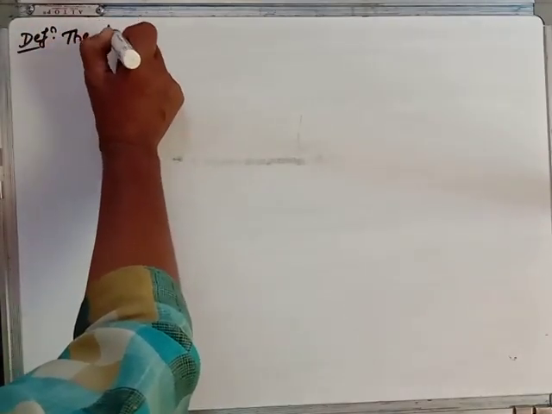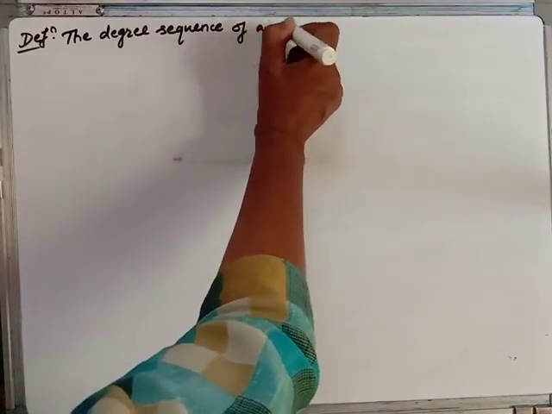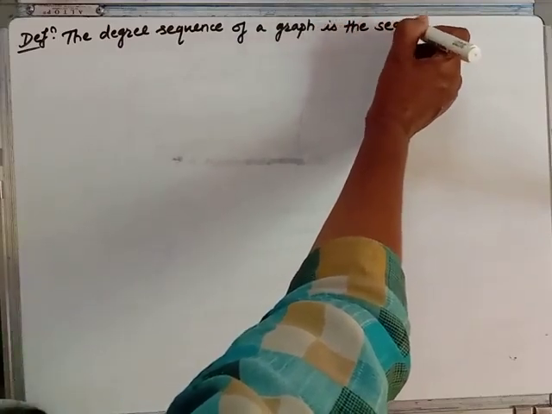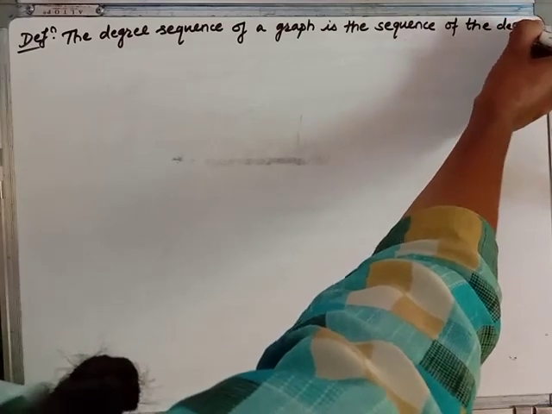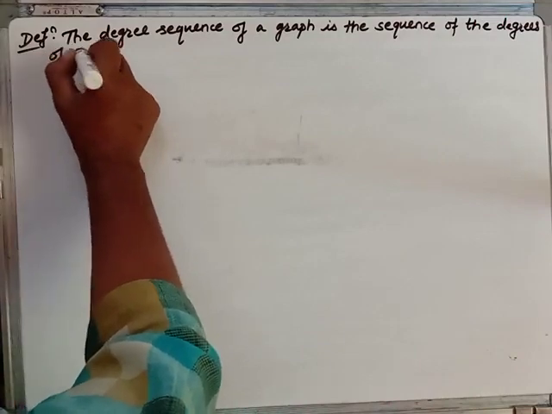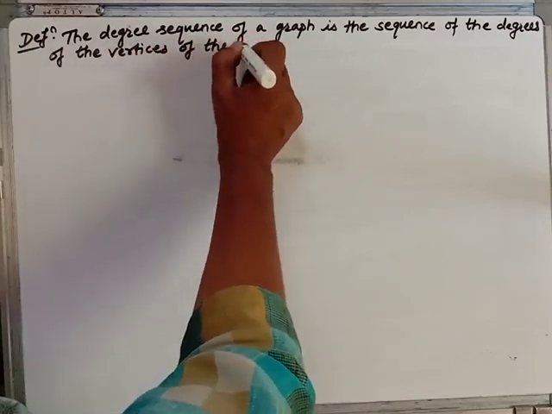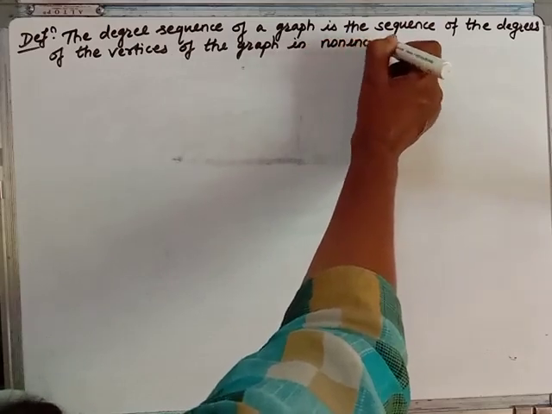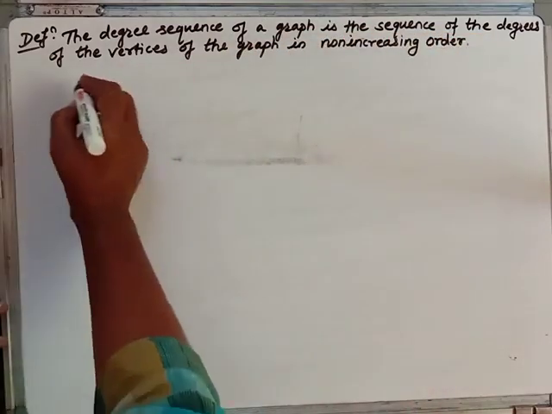Definition: the degree sequence of a graph is the sequence of the degrees of the vertices of the graph in non-increasing order.